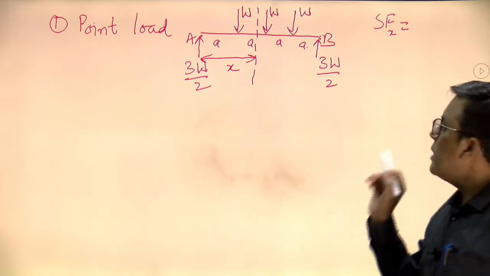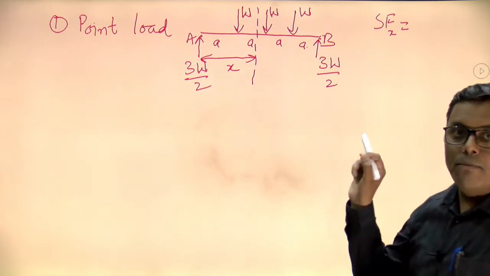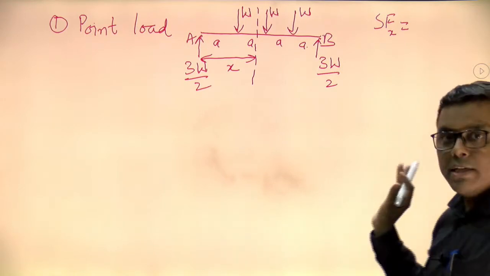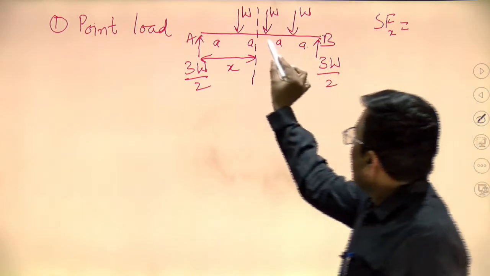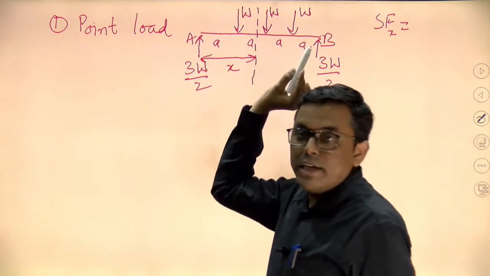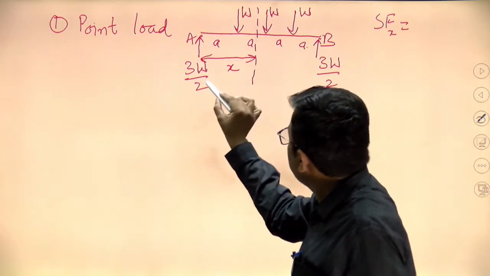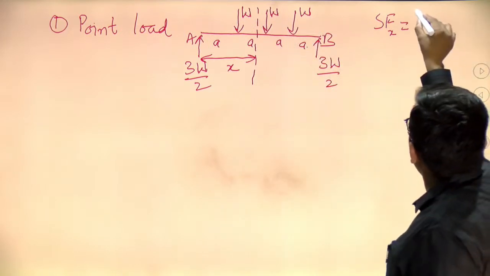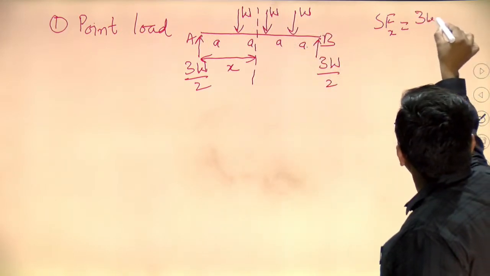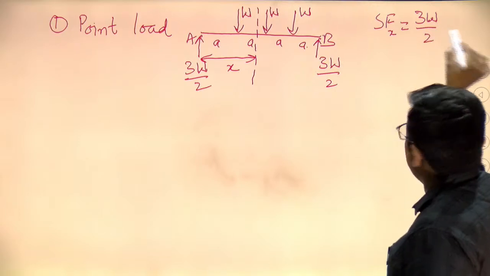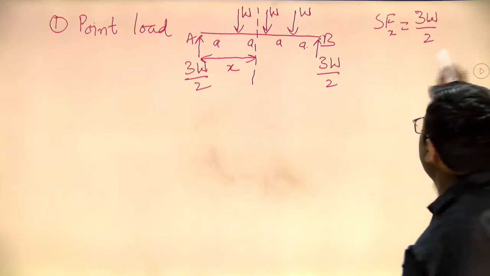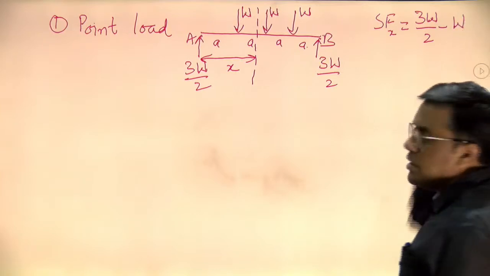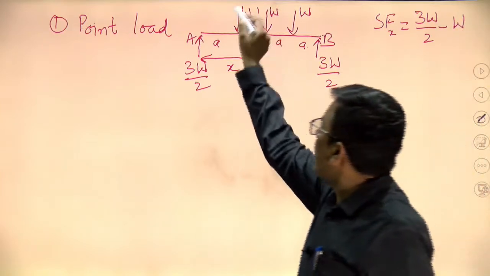It is the algebraic sum of all the forces acting on either side of the section plane. So I am just considering the left side of the section plane. What are the forces? 3W by 2 and W. 3W by 2 I am taking positive because it is on the left side, upward, and W I am taking negative because on the left side it is downward.